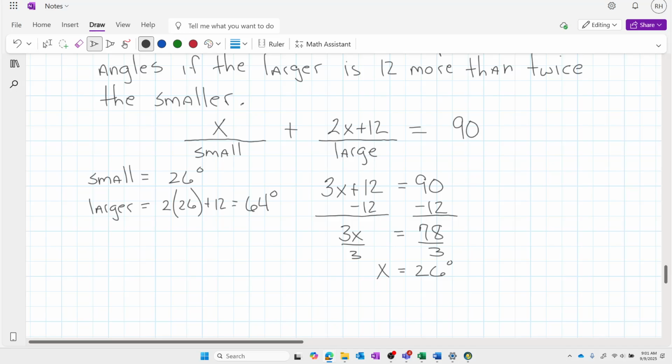And then you can check your work by just adding the small angle to the large angle and seeing if it equals 90 degrees. So 26 plus 64 equals 90 degrees. So your math is correct. Is that making any sense?